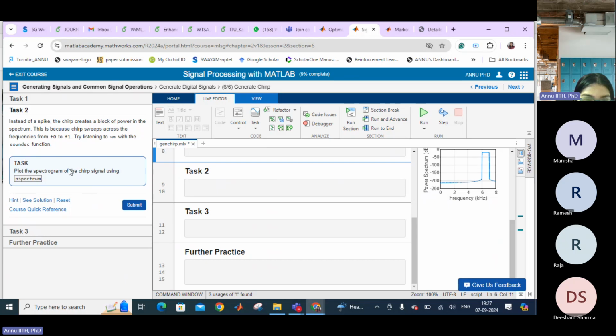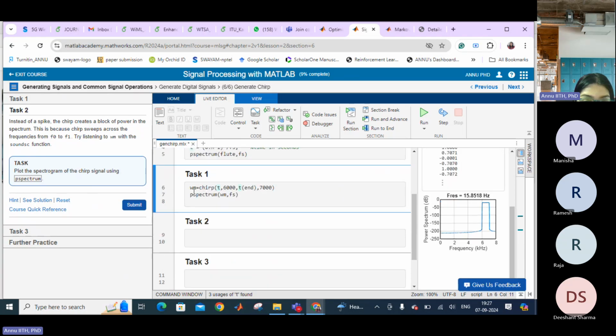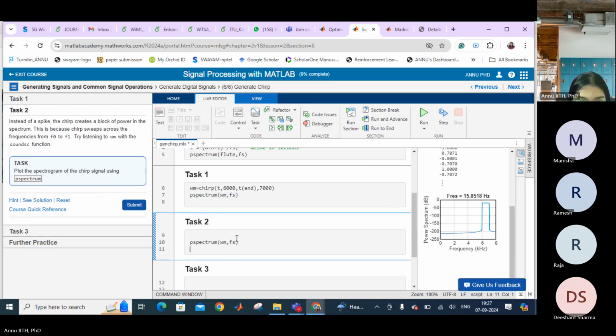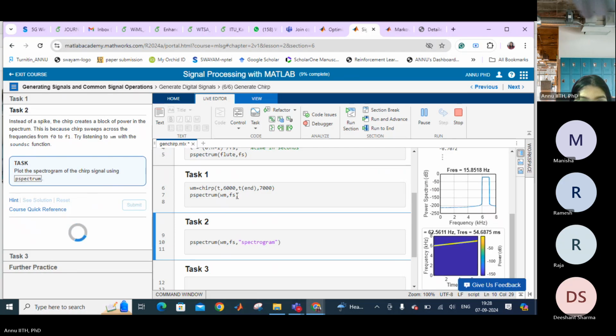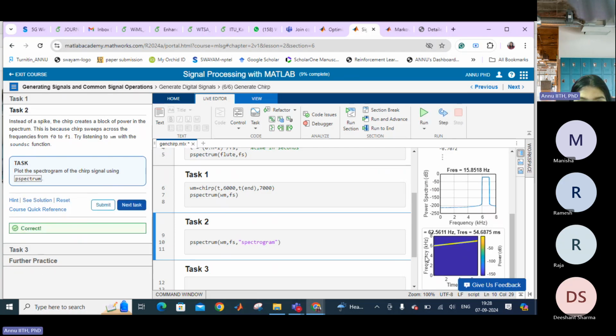Plot the spectrum of the chirp using the power spectrum. This is the spectrum.